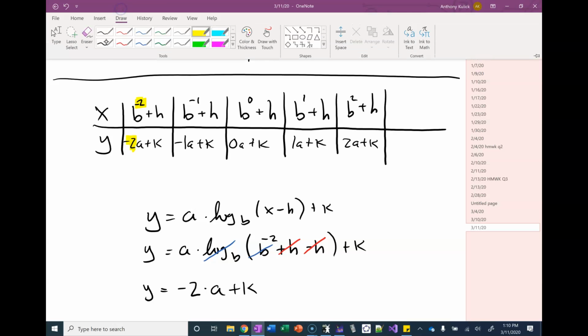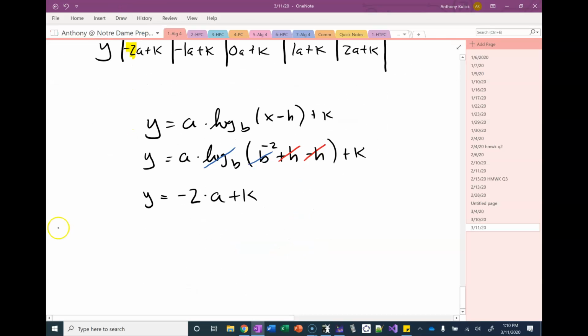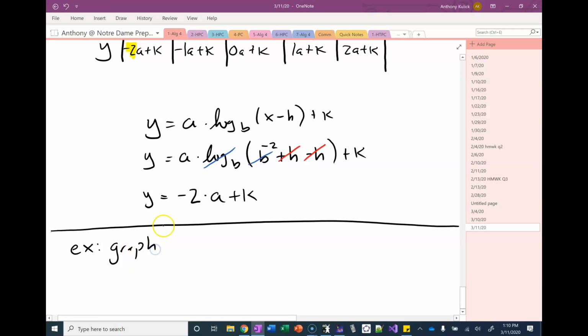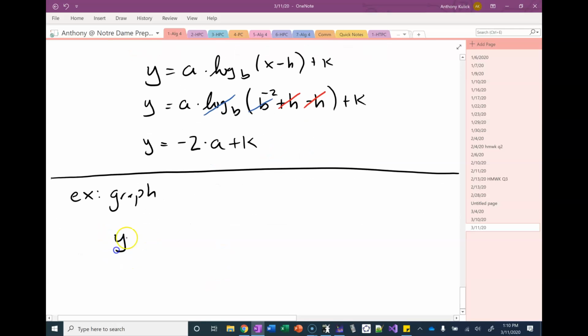So let's do a concrete example now to make sure we have the hang of it. Let's say we wanted to graph log base 2 of x plus 3, plus 1.